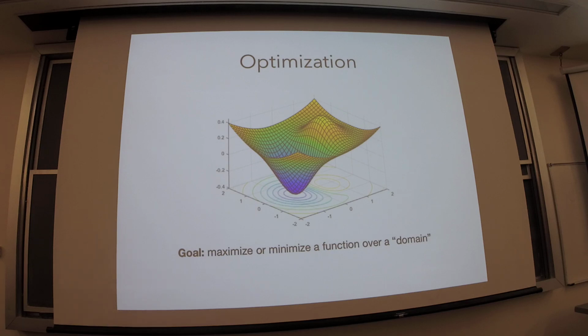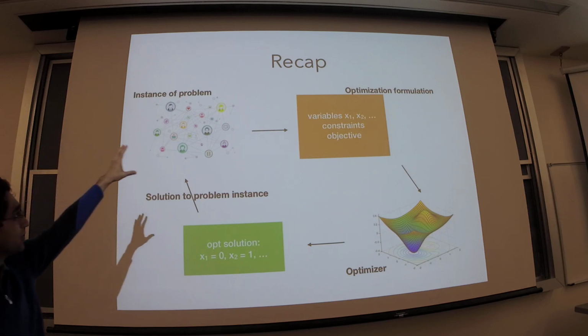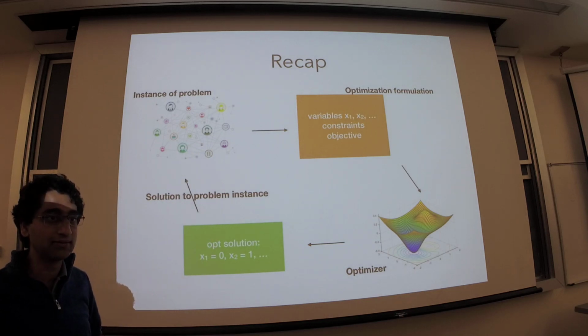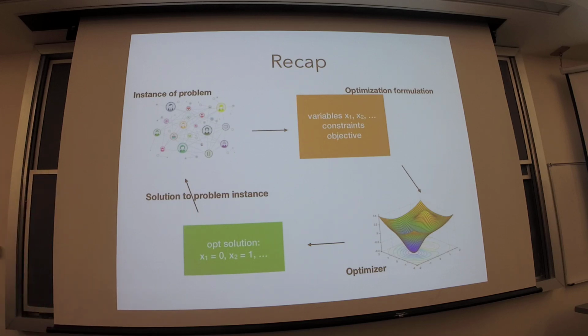So we were looking at optimization for most of last week, and we said that generically optimization looks like this, but we are interested in using optimization for combinatorial problems, the kind of problems we've been seeing so far. And this is the general framework that we wish to use. You have an instance of your combinatorial problem, some graph or something, and you try to phrase the problem you want to solve, let's say a minimum spanning tree or matching, as an optimization problem.